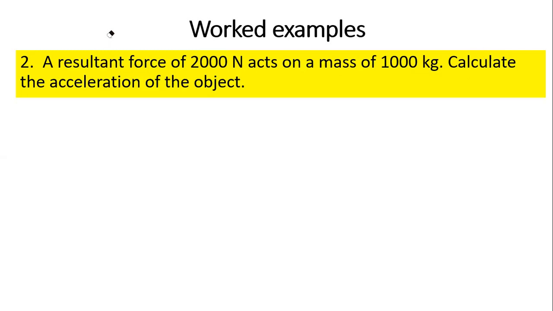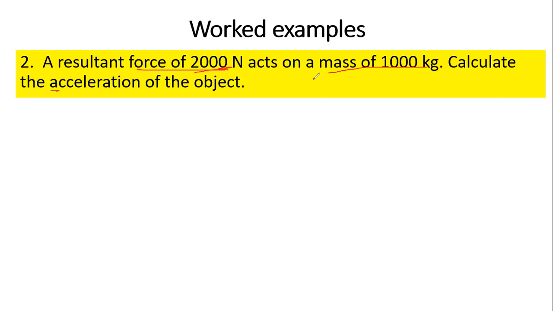Calculate the acceleration. So this is the force, 2000 newtons, acting on a mass of 1000 kg, and we want to calculate the acceleration. You can pause the video and work out this problem.